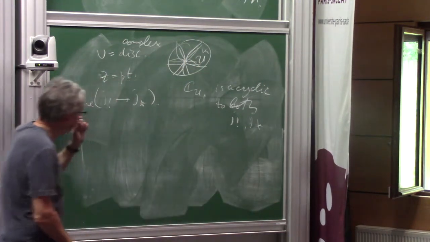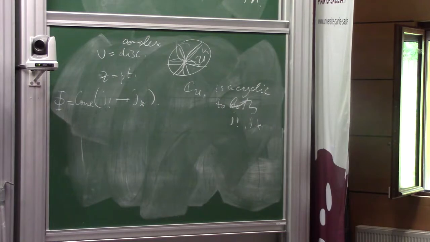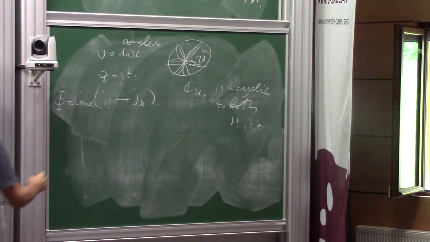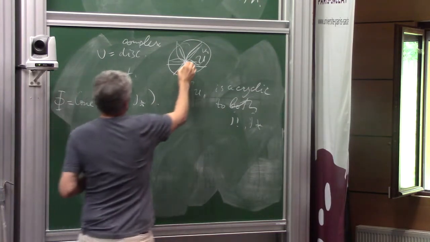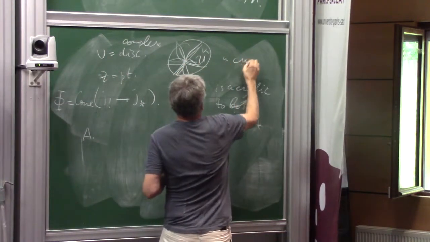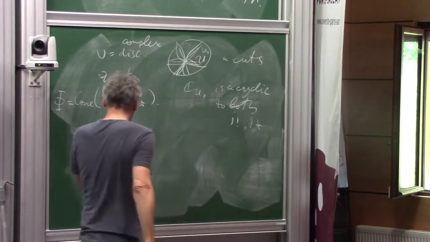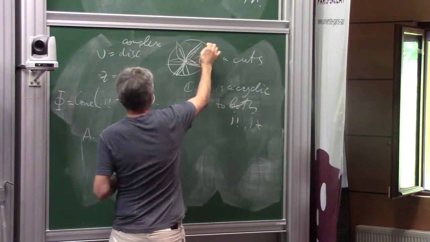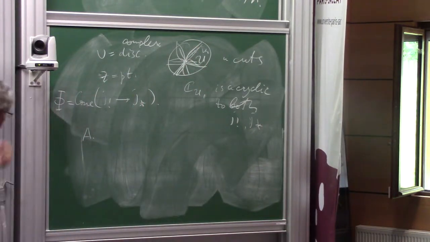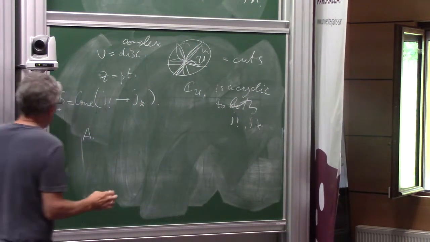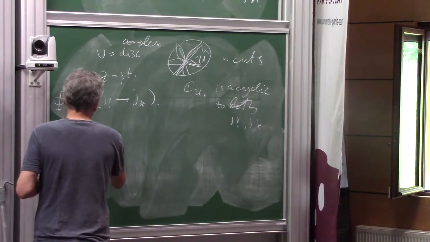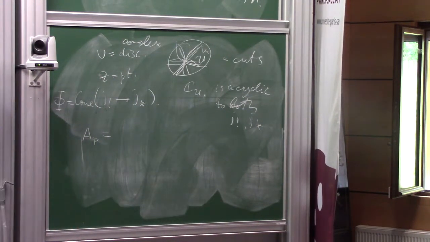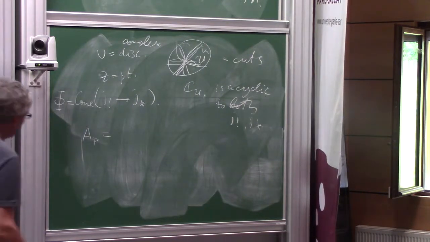and calculate this bimodule. And what you get at the end of the day, this homotop algebra, so we choose n cuts to cover this U by n open sets. So there will be open sets and their intersections, you will write down a resolution, and what you get at the end of the day is that the algebra A_P, which is calculated in this way, is the following algebra.